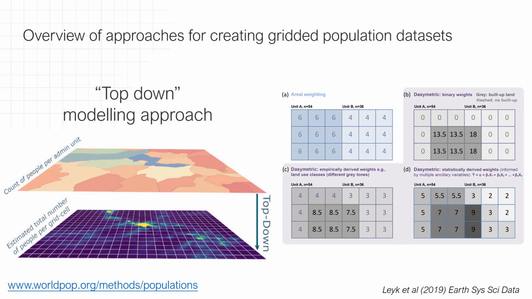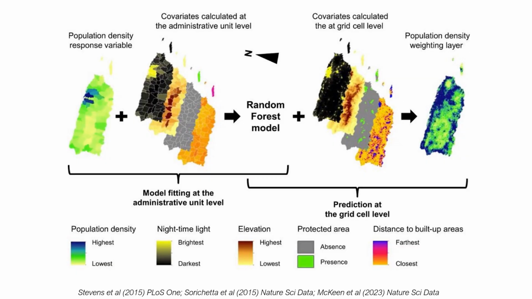But as things have advanced and statistical validations have come along, the approaches in the bottom right, that produce statistically derived weights from a stack of data and multiple ancillary variables, are the ones that have really taken over.